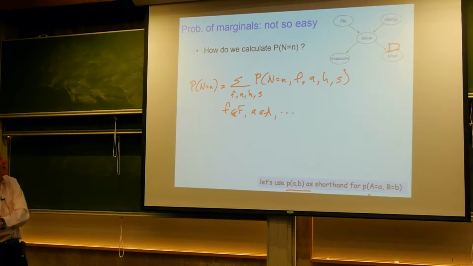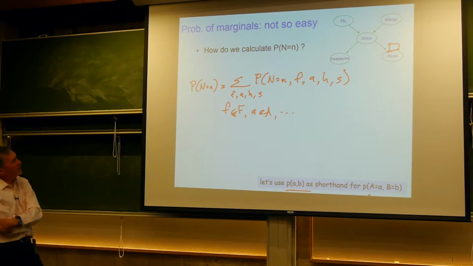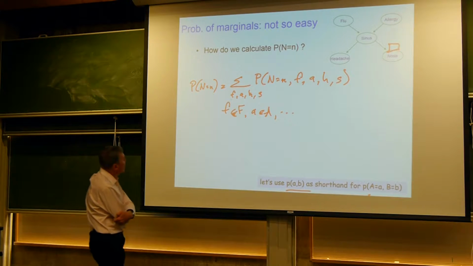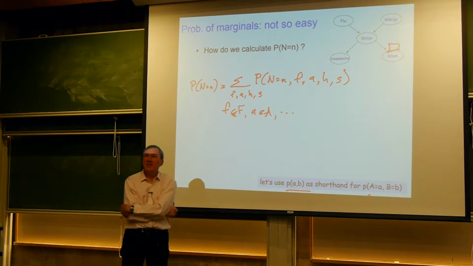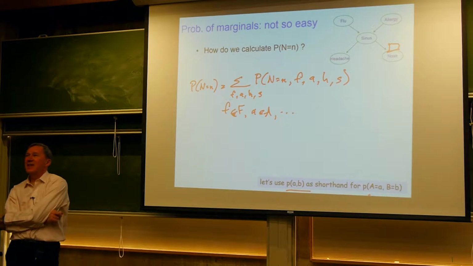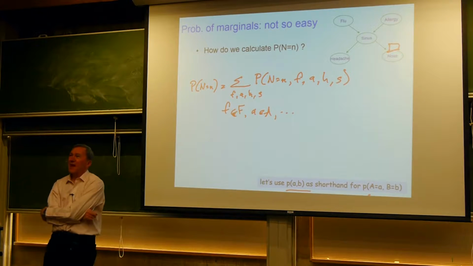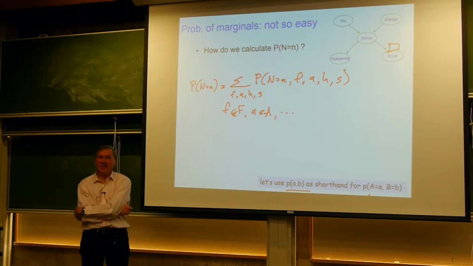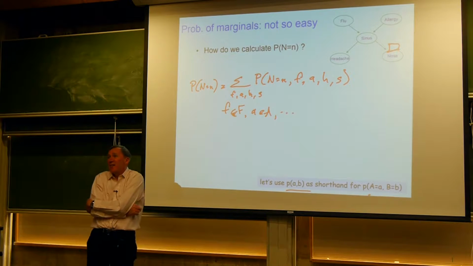Just like a subtree, there could be things that we could calculate from this, but unless these things are marginally independent, we can't really use the fact that they're conditionally independent because we don't know the value.